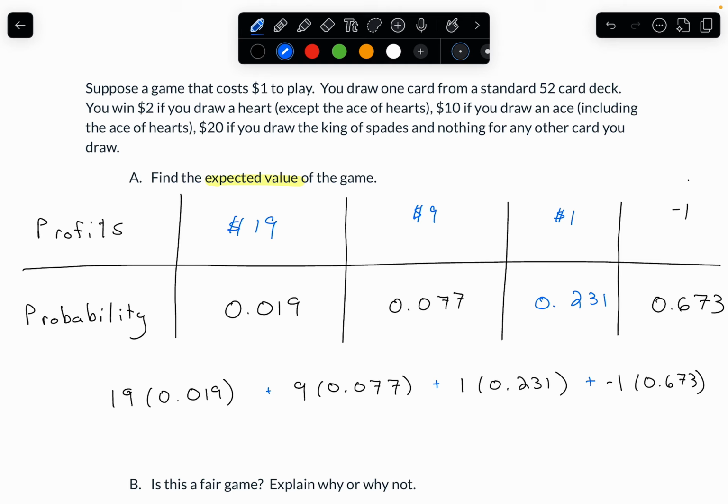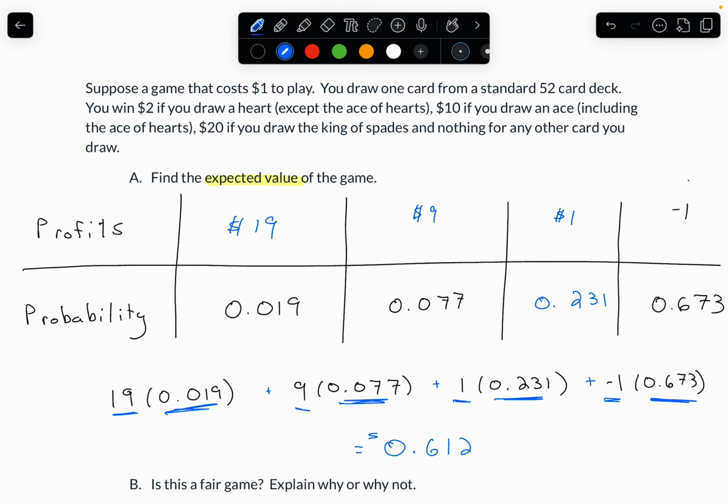I'm just taking the outcome times the probability of that outcome for every single possible case, and then adding the results together. So I'm going to grab my calculator here: 19 times 0.019 plus 9 times 0.077 plus 1 times 0.231 plus, in this case, -1 times 0.673. And I ended up with 0.612.